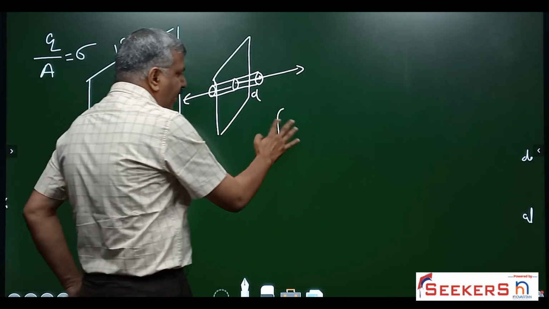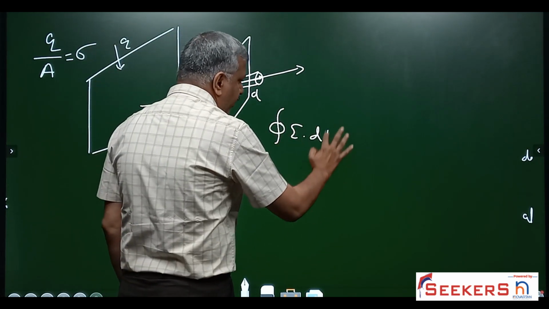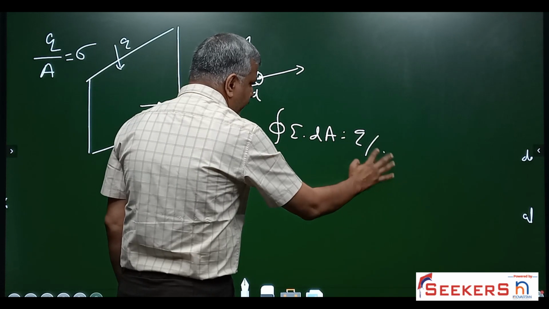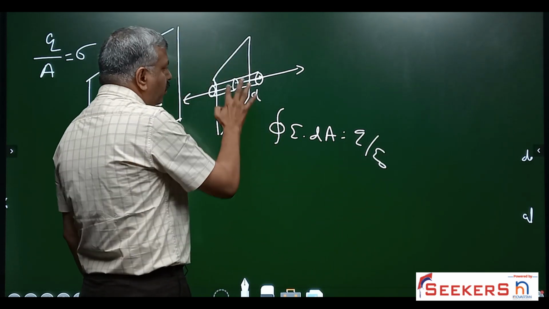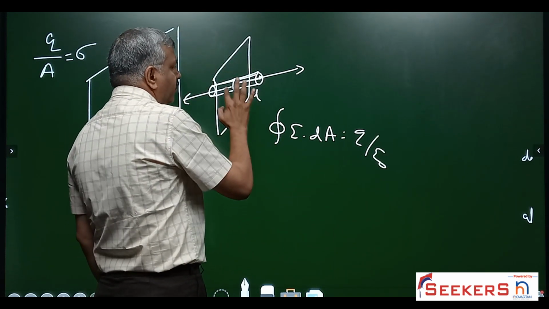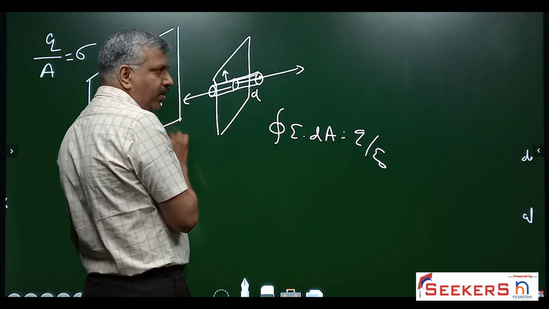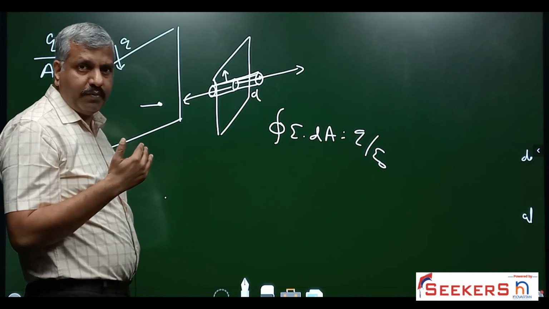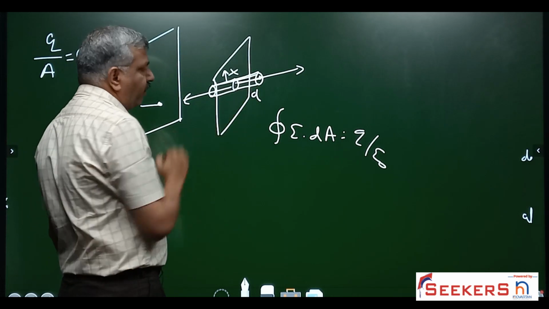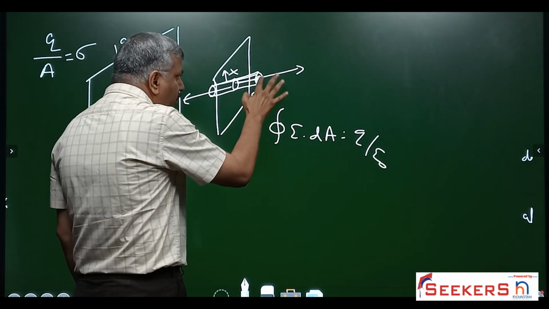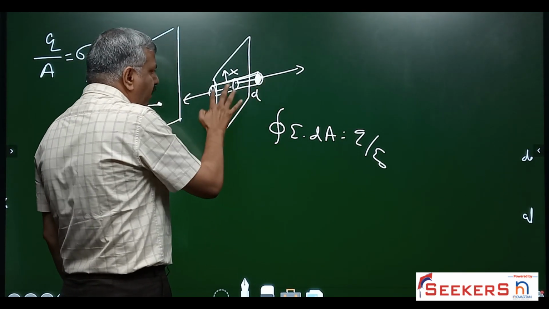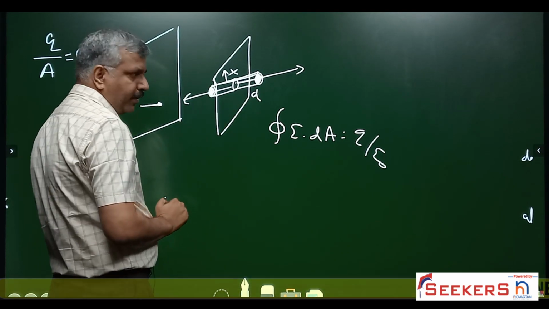Now when I apply Gauss law, integral E dot dA is equal to Q by epsilon naught. Please note, on the side walls the area vector will be perpendicular. On the curved surface the area vector will be perpendicular. So there is no flux. Flux is there only on this face and on this face. Okay.